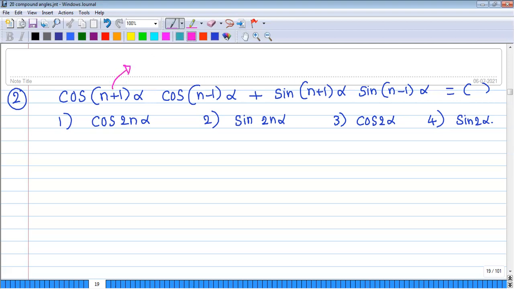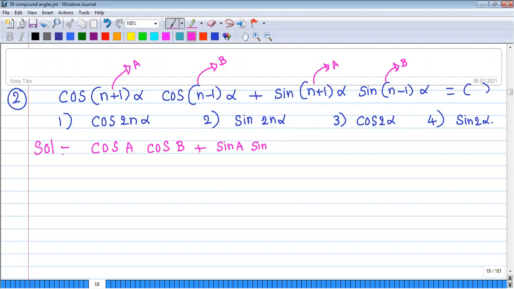See, this is A, this is B. So what will you say about this one? Now the given expression is cos A cos B plus sin A sin B. This is actually the converse of the cos of A minus B formula.